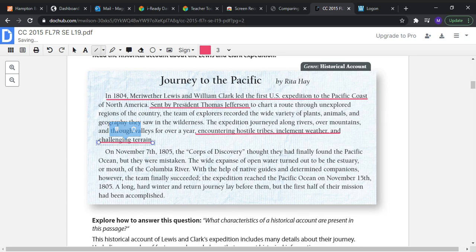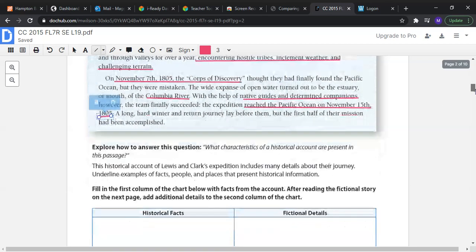I also see that on November 7th, they refer to it as the Corps of Discovery, and they thought they found the Pacific, but they really found the Columbia River. So then they had the help of native guides and determined companions, and eventually they reached the Pacific Ocean on November 15th, 1805. So all of this I'm going to record now in my chart down here.